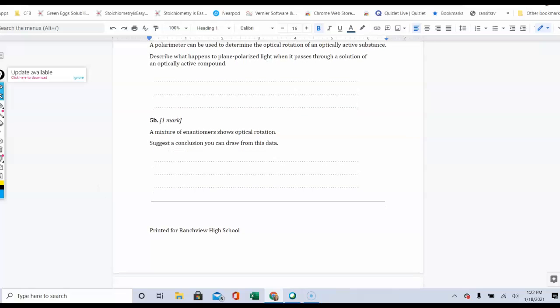Okay. A mixture of enantiomers shows optical rotation. Suggest a conclusion you can draw from this data. Okay, so if a mixture of enantiomers shows optical rotation, we have one mark here.